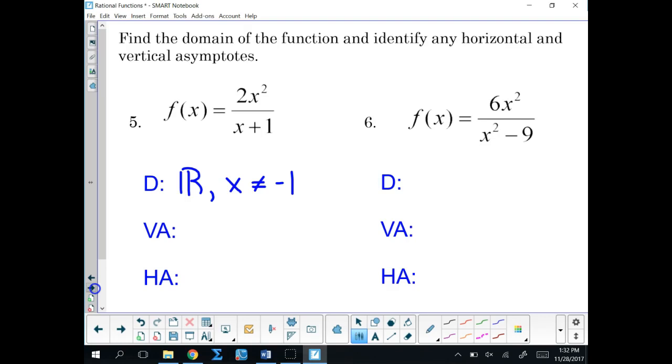Subtract 1 from both sides. X cannot equal -1. Which means then, what is my vertical asymptote? X equals -1. Agree with that. Restriction.